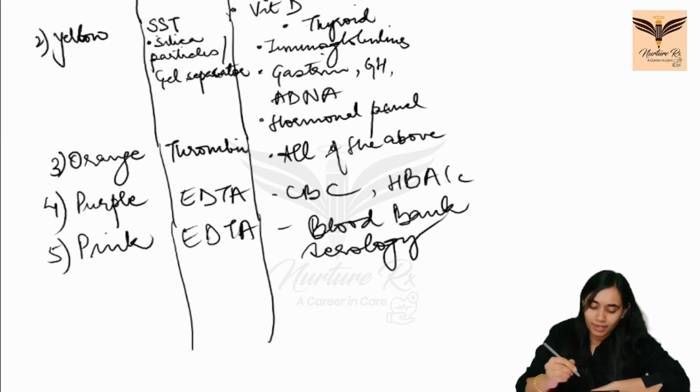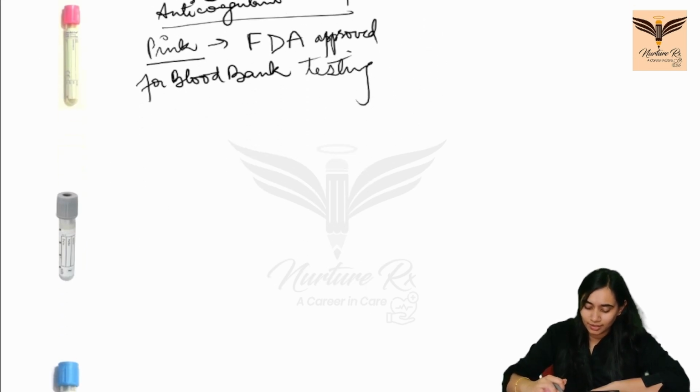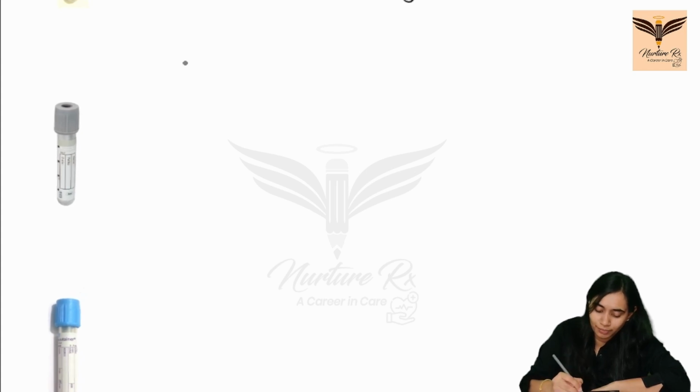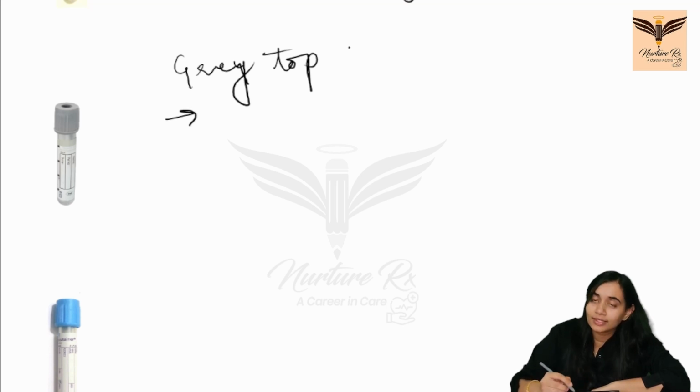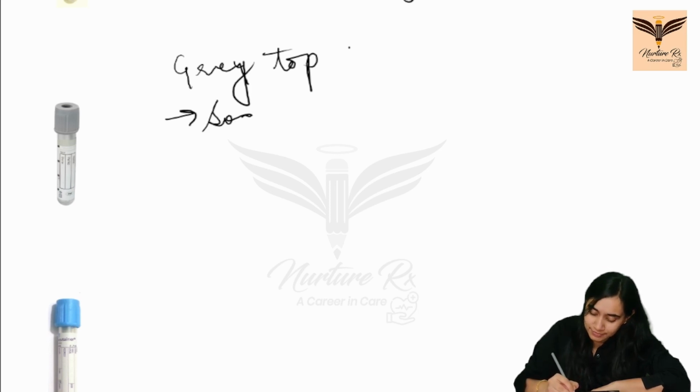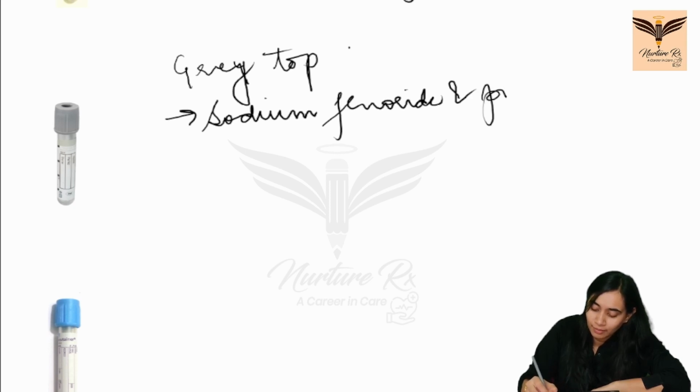Okay. Now coming on to our next tube. Now is it visible? This is our grey top tube. What does it contain? It contains sodium fluoride and potassium oxalate.